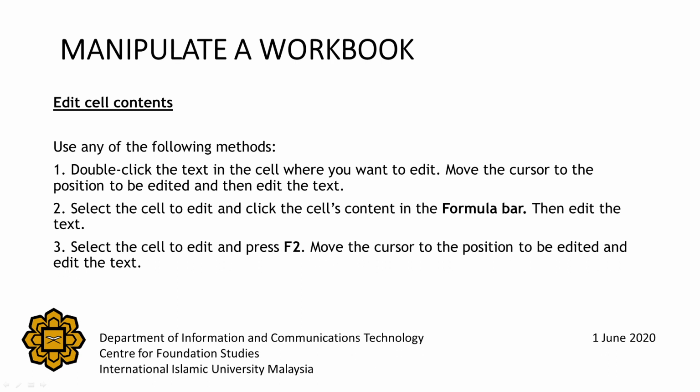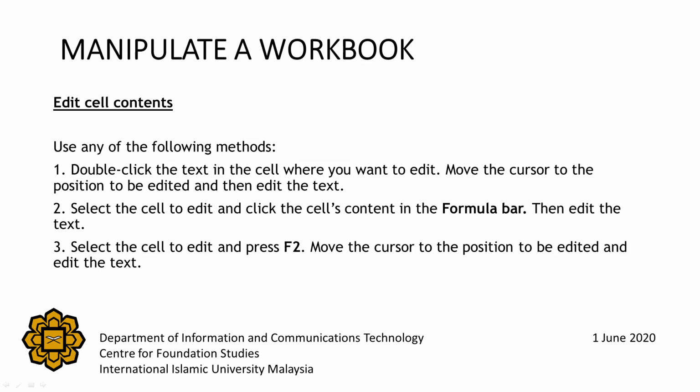We can use any of the following methods, as stated in your PowerPoint slide here. First, we can double click the text in the cell you want to edit. Move the cursor to the position to be edited and edit the text.